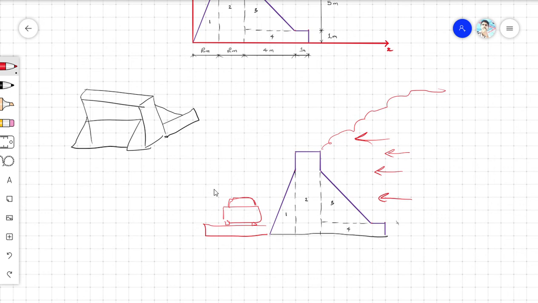Why this is important is that if the center of gravity is somewhere at this point, depending upon the load, the overturning effect is a little bit less or more.